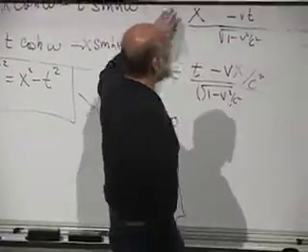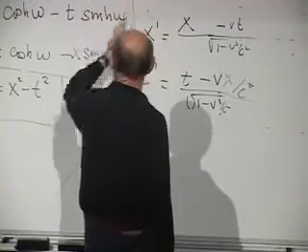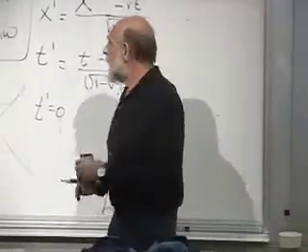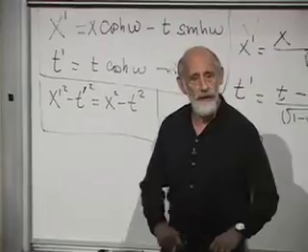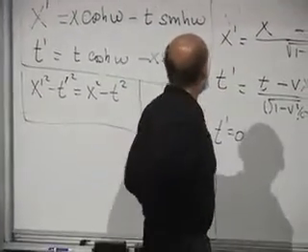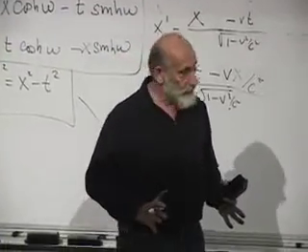Let me point out one more thing about these equations. I'm not going to solve them for you, but I will tell you the solution anyway. How do you solve for x and t in terms of x prime and t prime? Well, think about it in the case of angles.